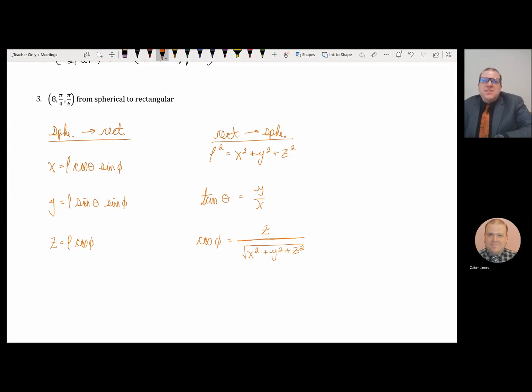Would we be able to just take the inverse cosine on both sides? So if z is negative, what would the inverse cosine give you? An angle between what values?